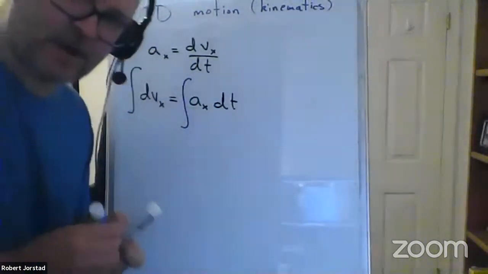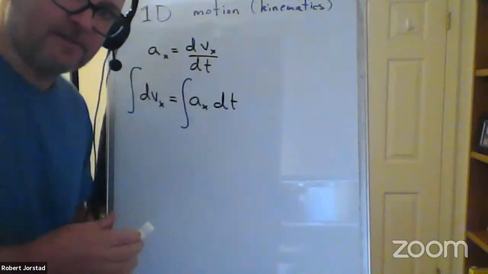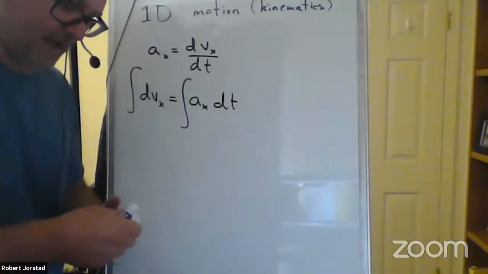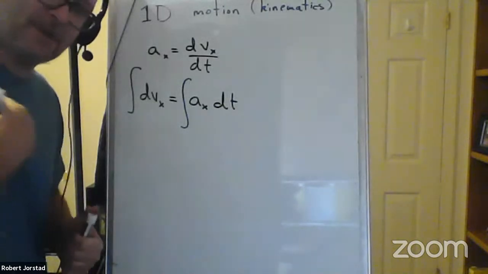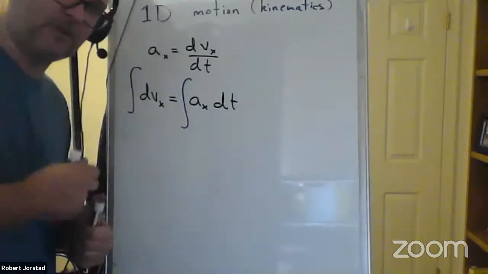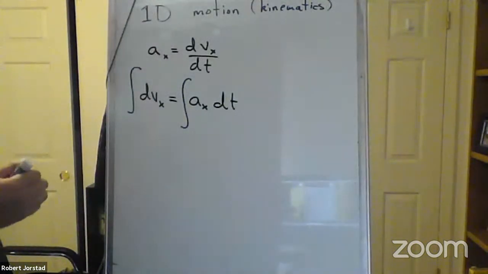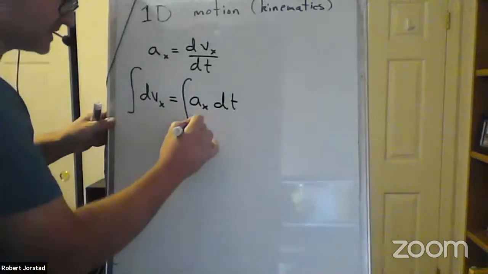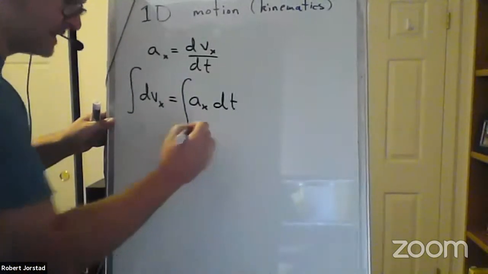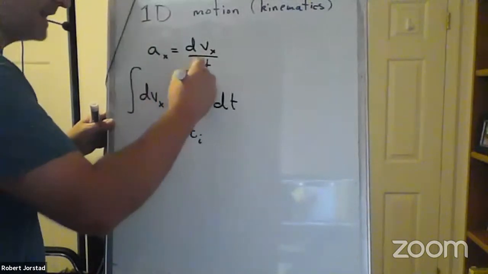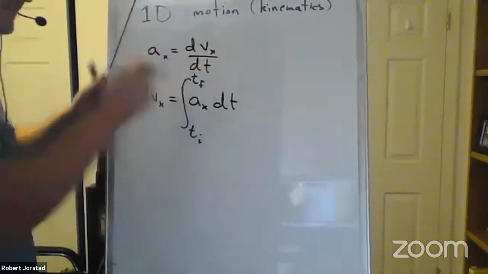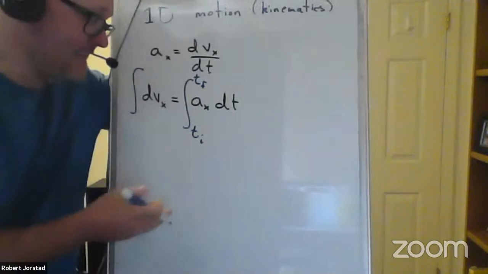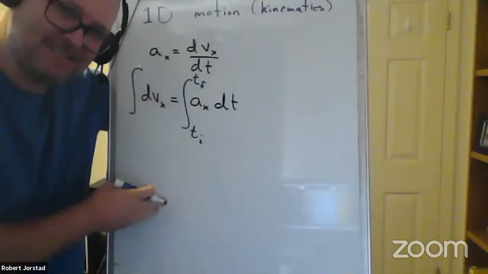And this is where things differ for a physicist than they might for, say, a mathematician. I recommend doing the following trick. Here, I'm going to go from some special time I'm going to call t initial to some final time I will call t final. Basically, I'm making the limits explicit, right?